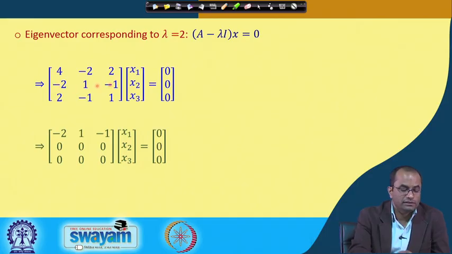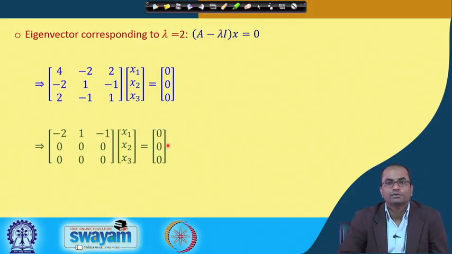Indeed these two rows are the same, so we can set one of them equal to 0 immediately. The first row is half of this, so when we add it to row number 2, this will become 0, and similarly for row number 3, if we subtract half of row number 1, this will also become 0.